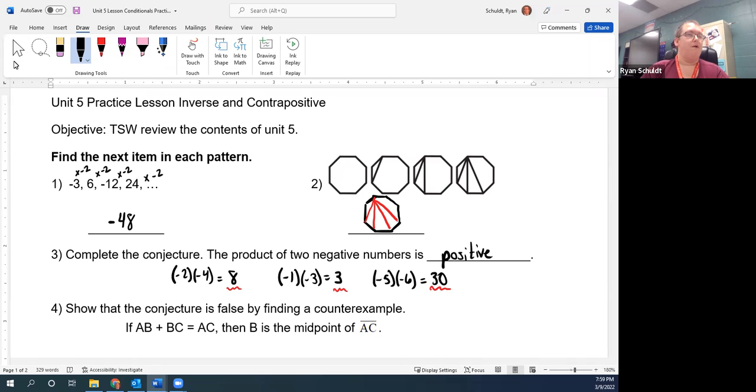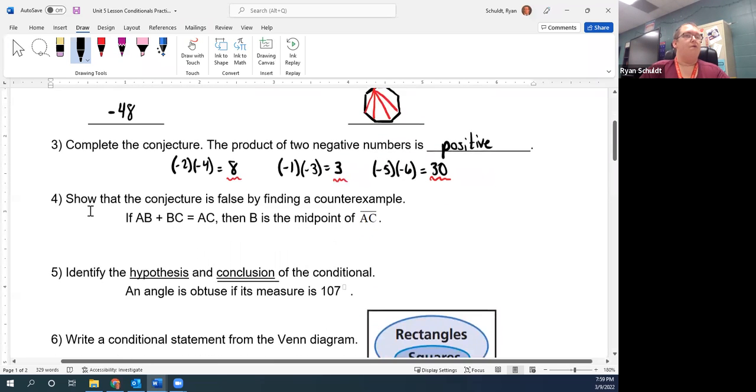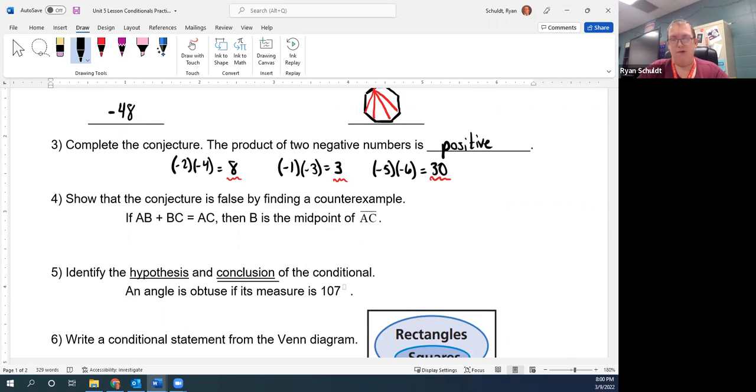Okay, number 4. Show the conjecture is false by finding a counterexample. On this one, read the directions, please. It's not asking you to tell me what the hypothesis and the conclusion are. It's not asking you to tell me whether it's true or false. It's telling me it's false. I have to find a counterexample.